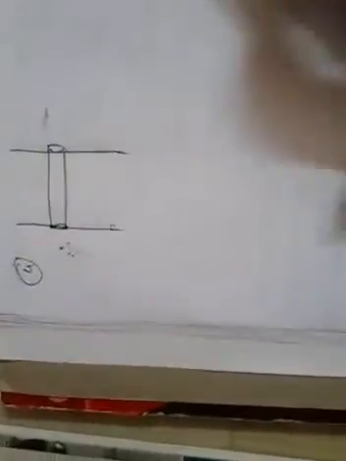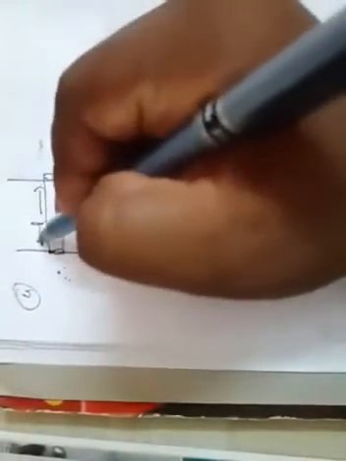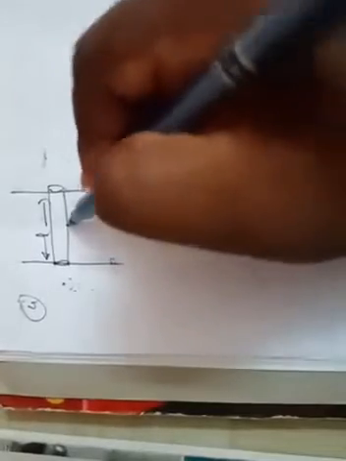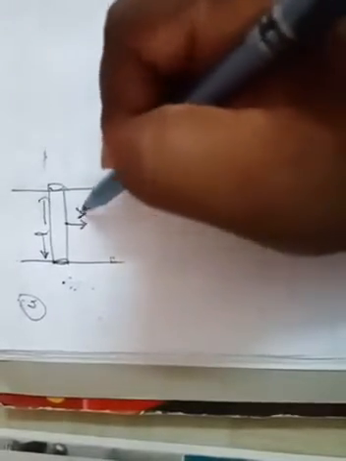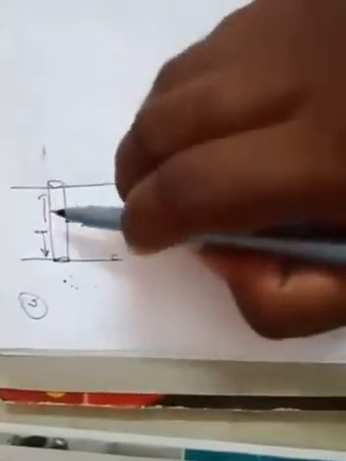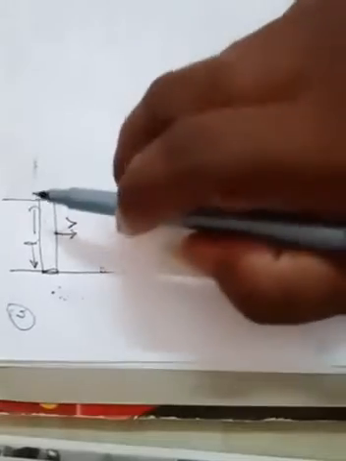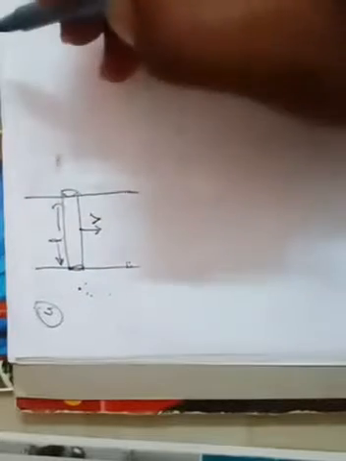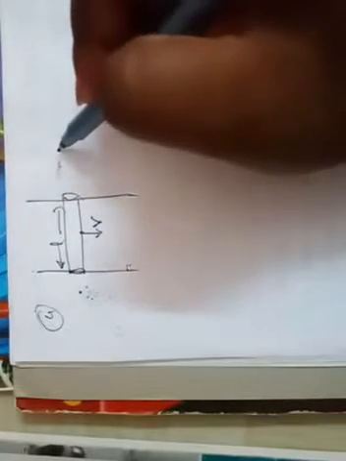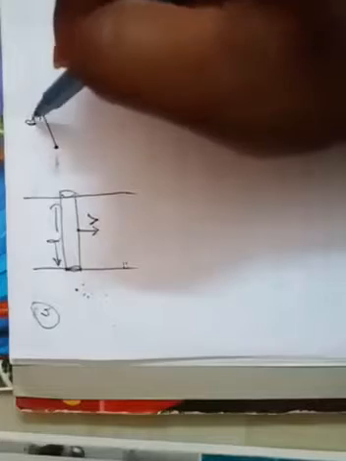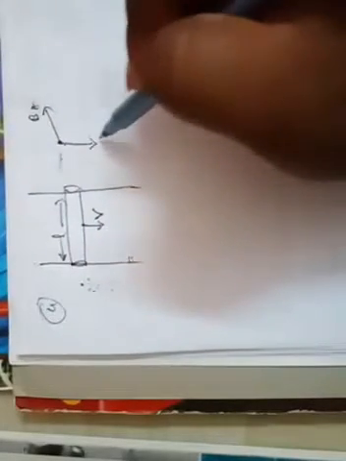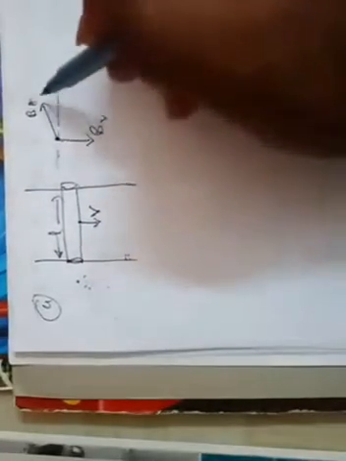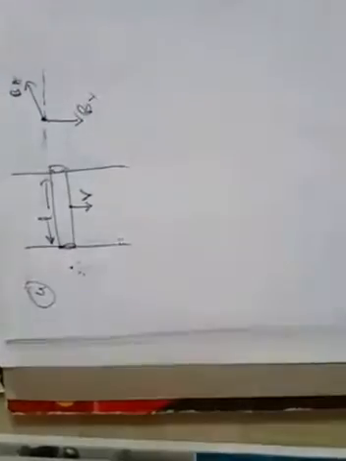The conductor length will be L, and the conductor is moving downwards in this direction. In the magnetism and matter chapter we have seen earth's magnetism. The earth's magnetic field contains two components, a horizontal component BH and a vertical component BV. This is the horizontal component and this is the vertical component.